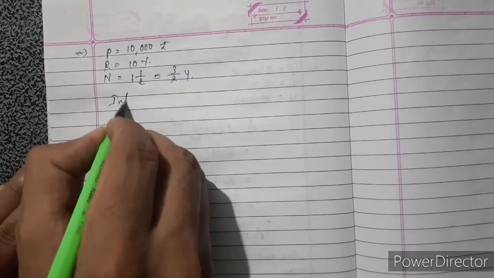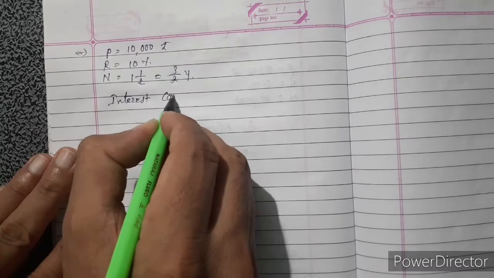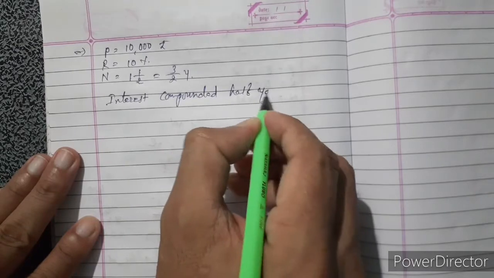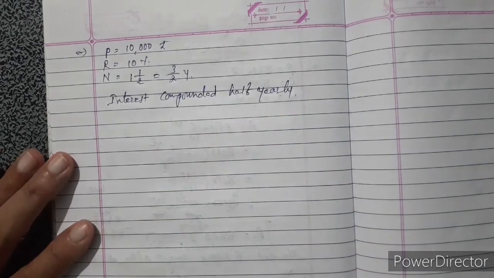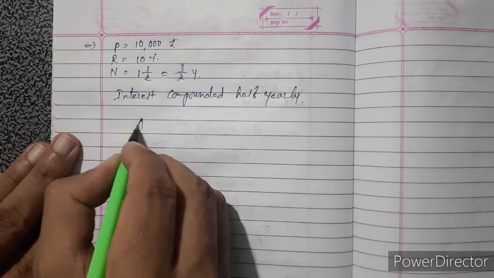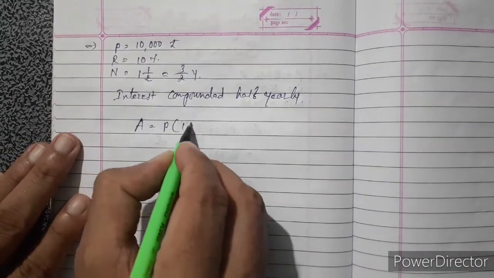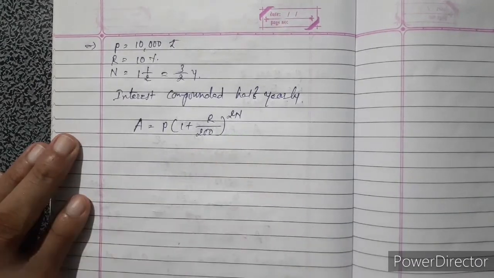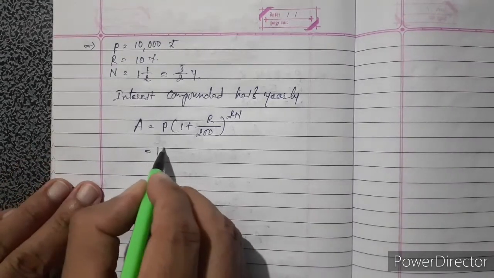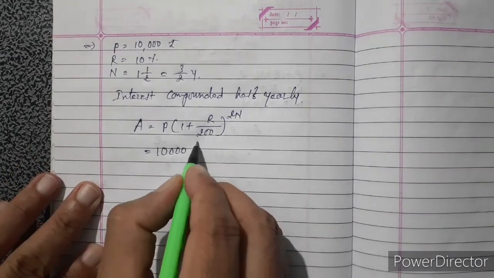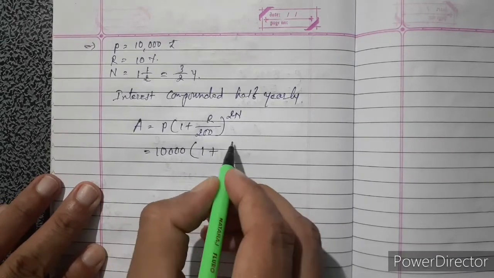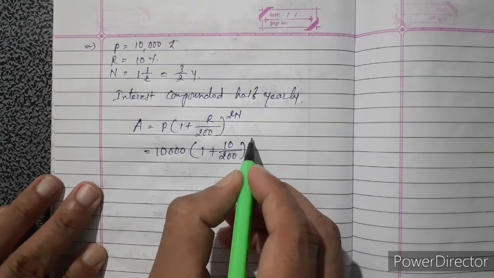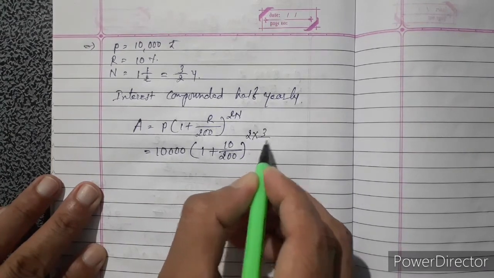And write down interest compounded half yearly. When half yearly is there, the formula is A equals P into bracket 1 plus R upon 200 raised to 2n. P equals 10,000 into bracket 1 plus 10 upon 200 raised to 2 into 3 divided by 2.